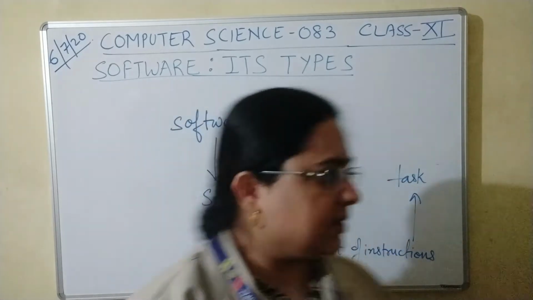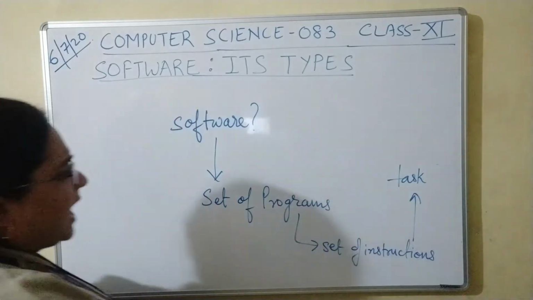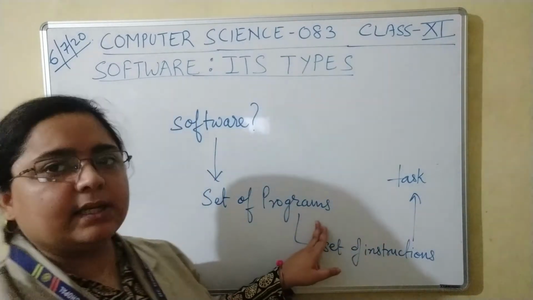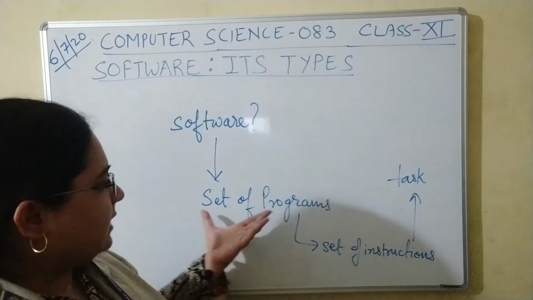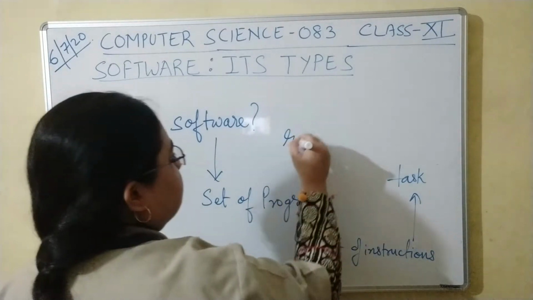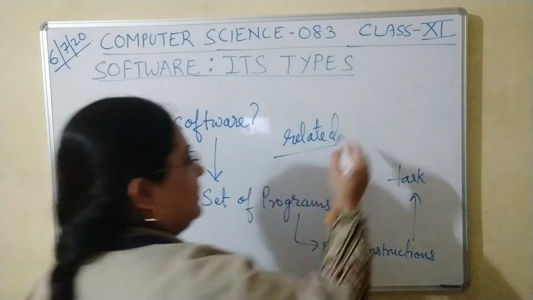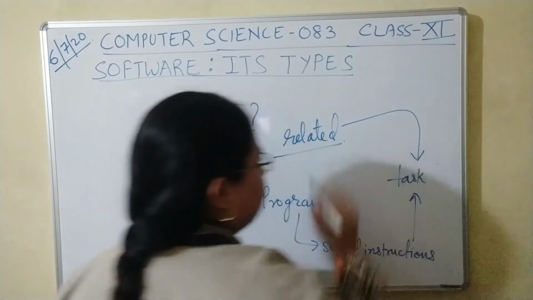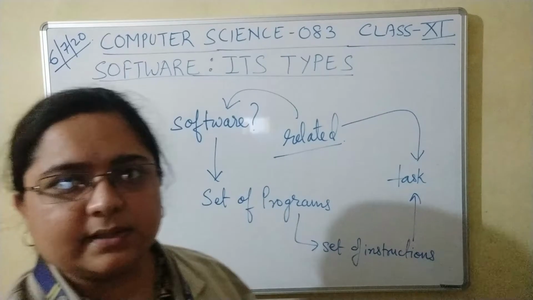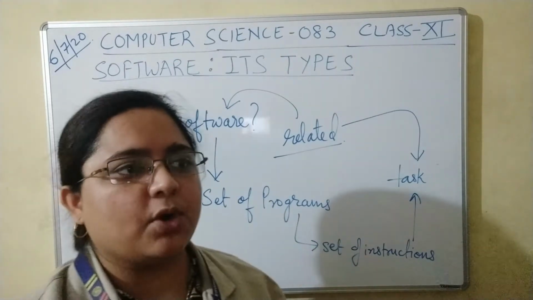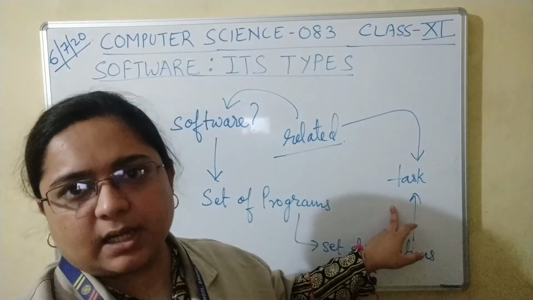Depending upon the different tasks you can have different sets of instructions, and you will not be working with a single program but a collection of related programs, where programs are related, that is, they are trying to accomplish a specific task. There it becomes a software, because all the different modules within that software are actually working for accomplishing one type of task.